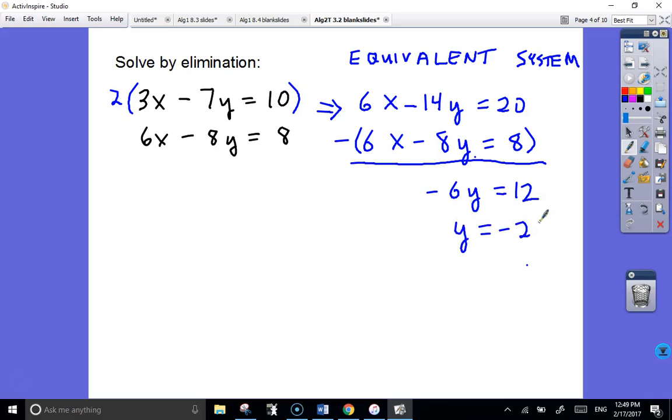Now, just as an alternative, instead of multiplying by 2, you could have multiplied by negative 2. If you multiply by negative 2, then you would have had this. Negative 6x plus 14y equals negative 20.